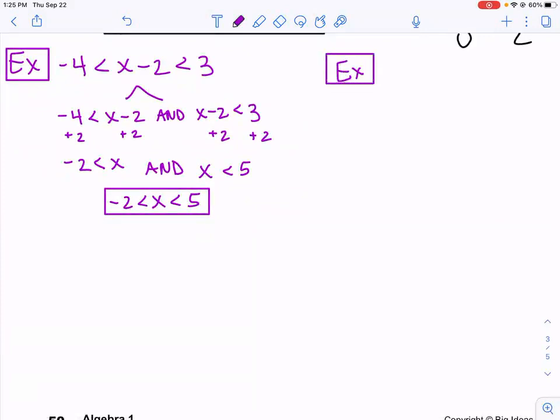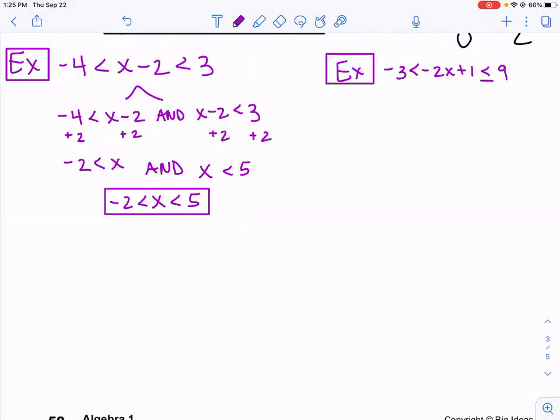Okay, let's do another and one. Okay. Now, Sophia, this might be a case where I would probably not want to keep them together. And you'll see why here in a moment.